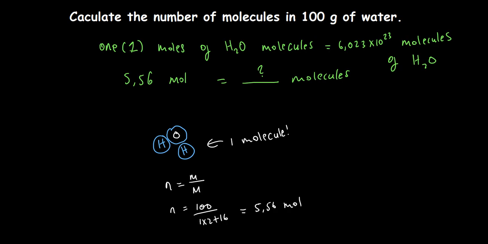You say 1 mole is that, so 5,56 moles is how much? You can even call it X. Then you cross multiply. X times 1 is X. Therefore, it's going to be 5,56 times 6,023 times 10 to the power 23. And if you have your calculator nearby, please just tell me how many molecules is that.